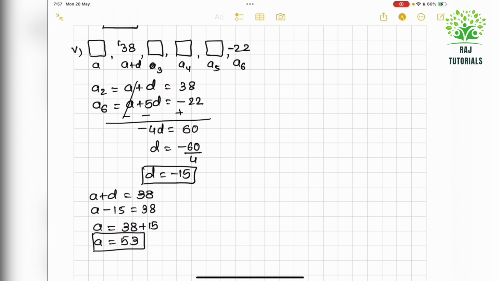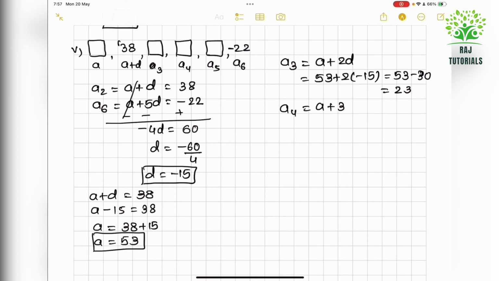Now I got D value, I got A value, so I can get all the values. A3 will be A plus 2D. So 53 plus 2 into minus 15. So 53 minus 30. That will be 23. Then A4, A plus 3D.